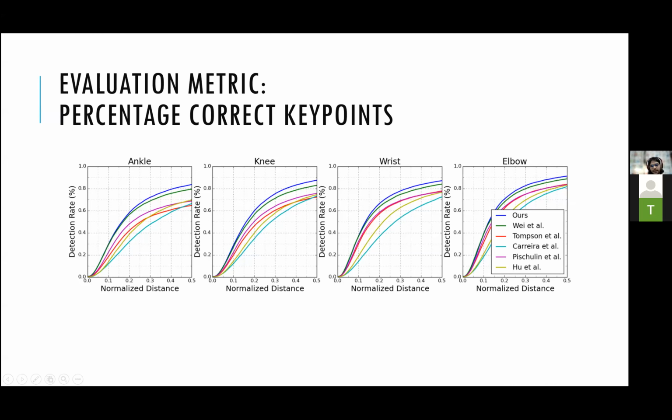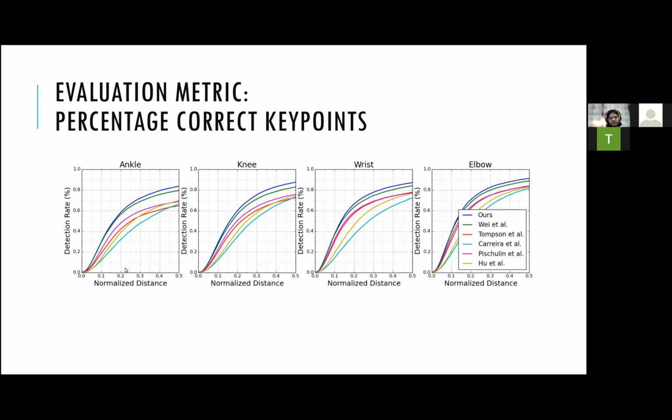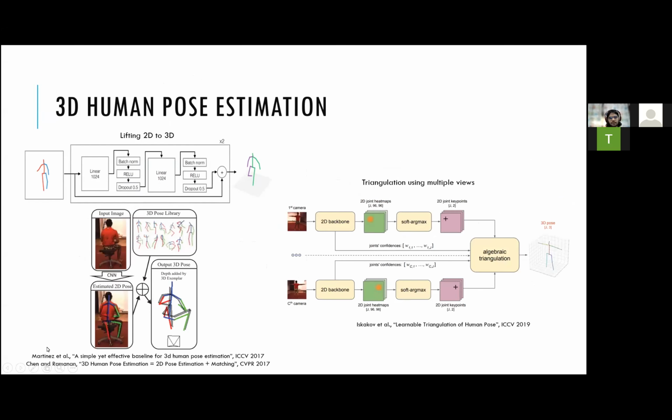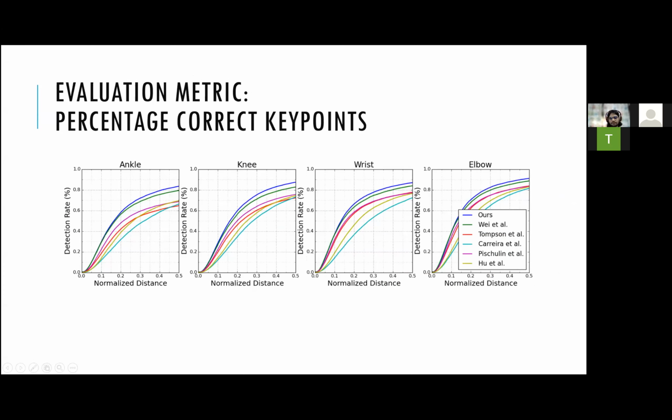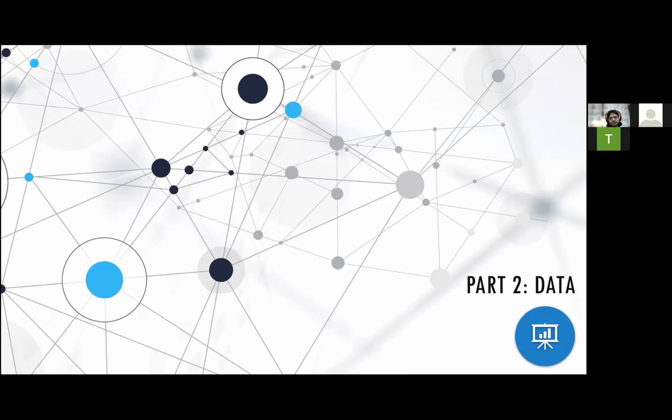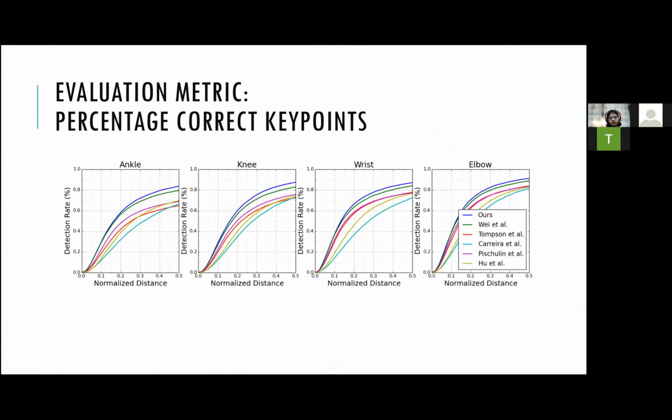When we talk about human pose, we are also talking about the scale of the person. For a large person, the scale is much larger in comparison to a smaller person. So we also have some kind of normalizing thing. The percentage of correct keypoints checks how close the ground truth and the predictions are with respect to some kind of normalizer.